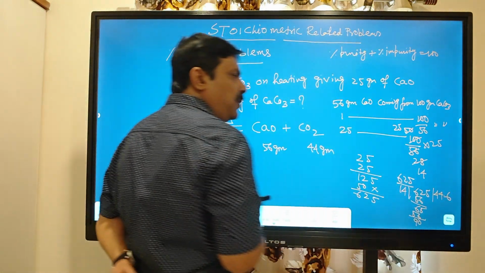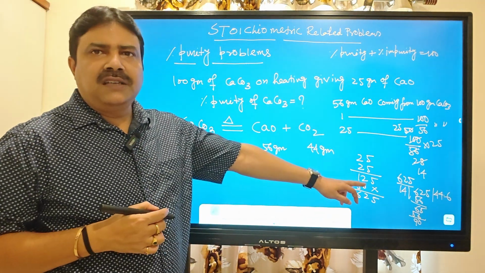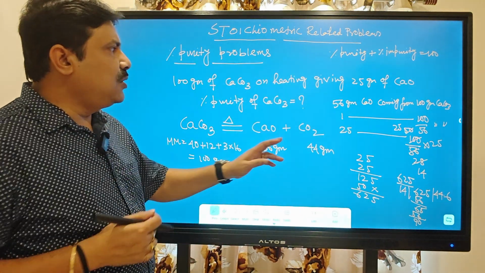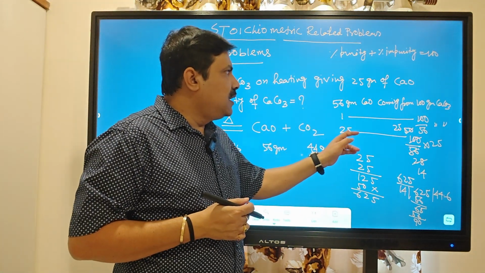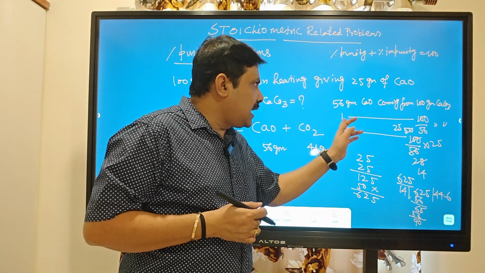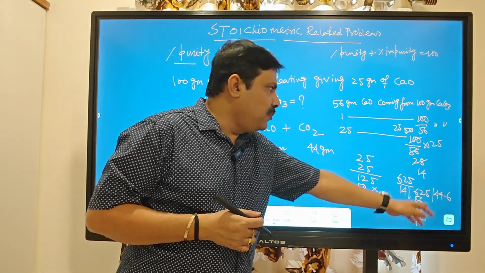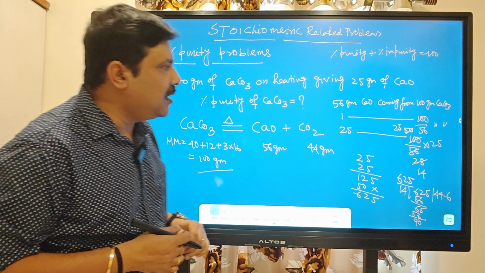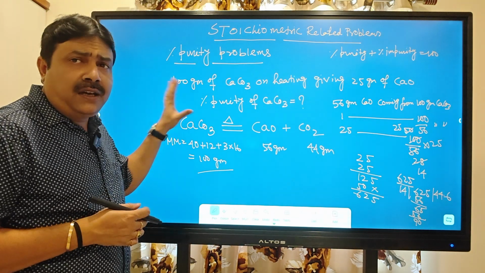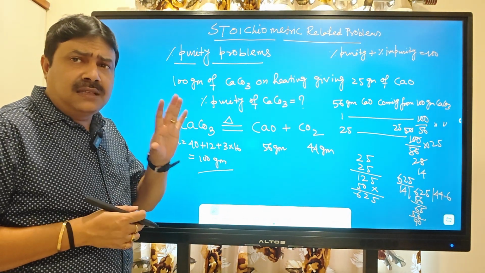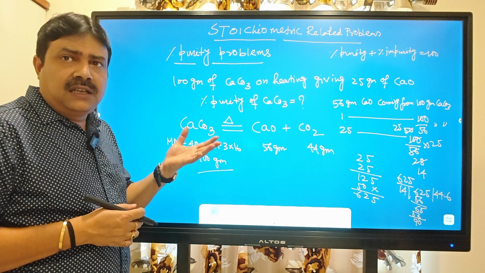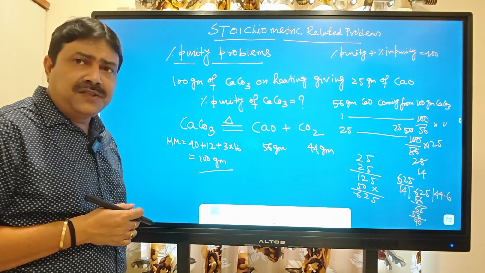So 44.6 gram is the requirement. So that means your 25 gram of calcium oxide is coming from 44.6 gram. That means out of 100 gram of calcium carbonate, the pure amount which reacted is nothing but 44.6.